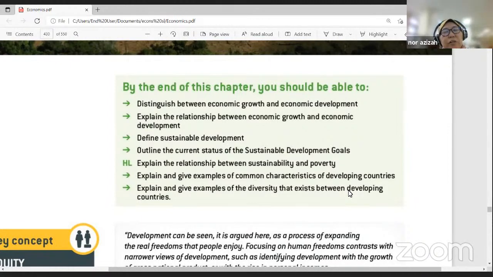So this is something you need to know, as it could be a 1 or 2 mark question. Then we talk about the relationship between sustainability and poverty. This is very much an essay question, but bear in mind it can simply be in your paper 2 as well.